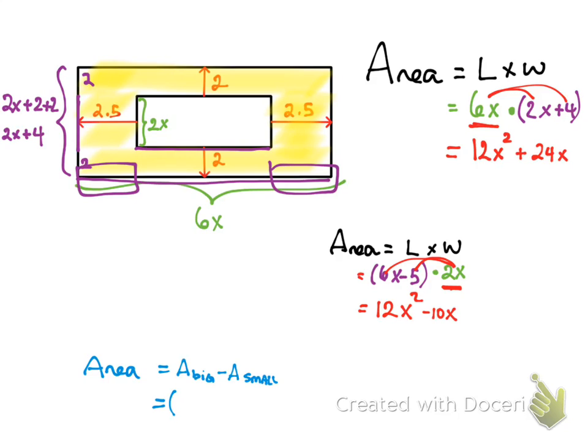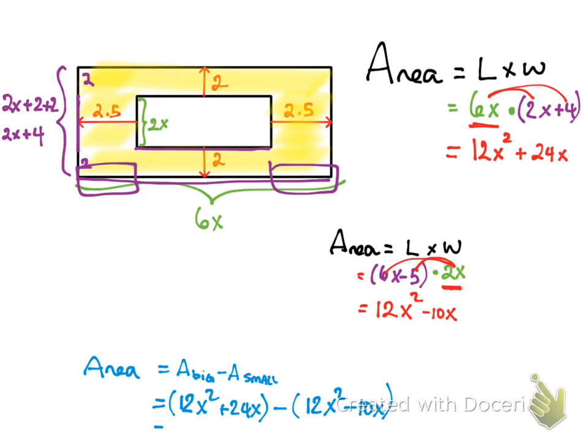The whole area big is 12x squared plus 24x. And now I'm subtracting the area small, and I'm putting brackets because I'm subtracting all of the area. So that's 12x squared minus 10x. Good.